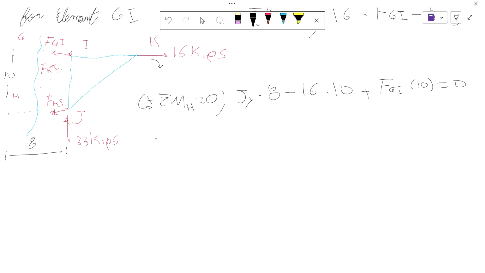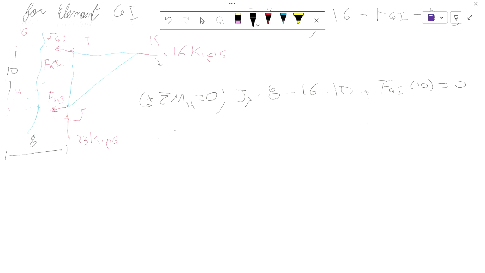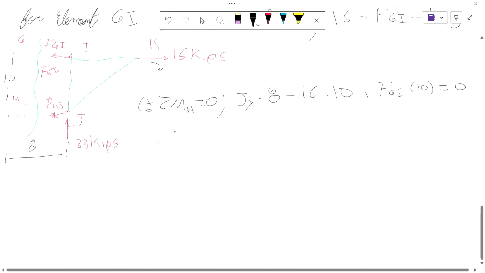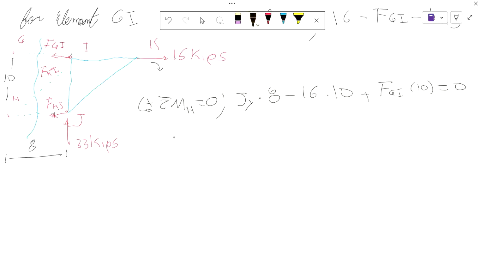So that is Jy, 33 kilopounds. So this is equal to summation of moments at H, which is 33 kilopounds times 8 feet minus 16 kilopounds times 10 feet equals.